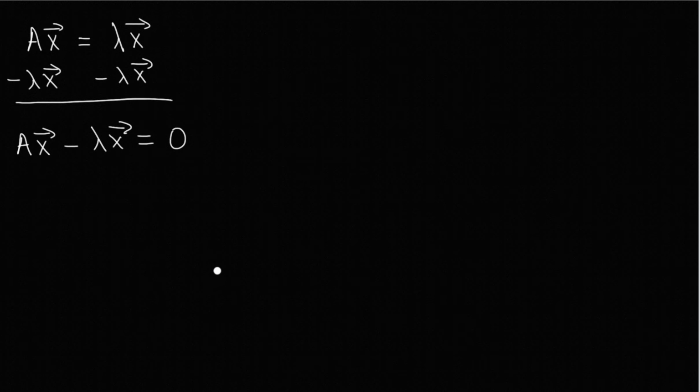So now, if you look at the equation, you'll see that both terms share an x. So what we can do is factor out the vector x. We can take that out, and we're left with A minus lambda. But really, we need to make this into a matrix, so we're going to multiply lambda by the identity matrix.